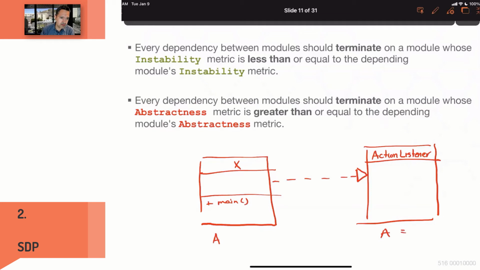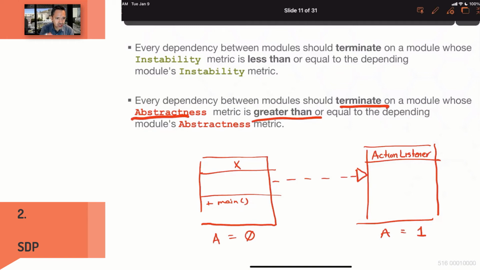Abstraction of an interface, 1. Abstraction of a class, 0. The line ends, the line is pointing to the interface. That is good. In fact, that is the reason why interfaces exist, because we want to inherit from them. What the principle is telling you with numbers is something that you already know as a developer.